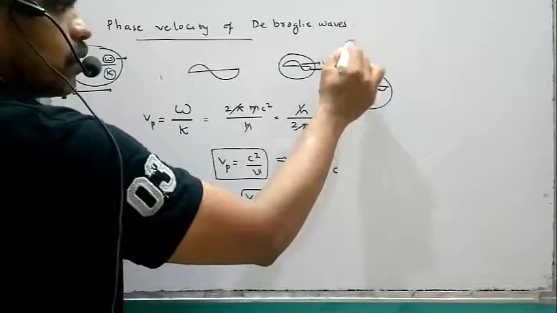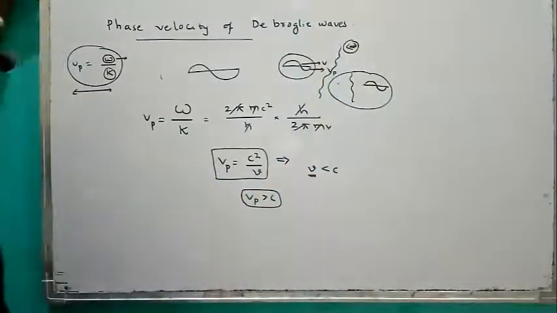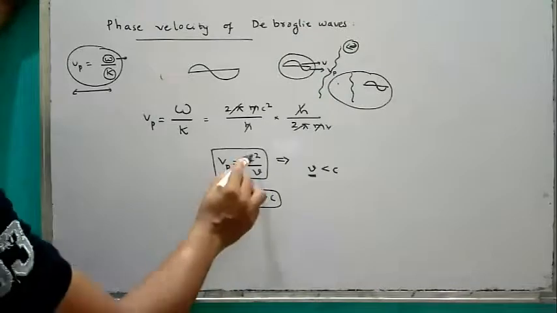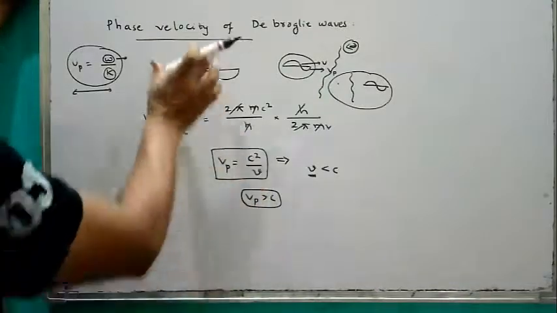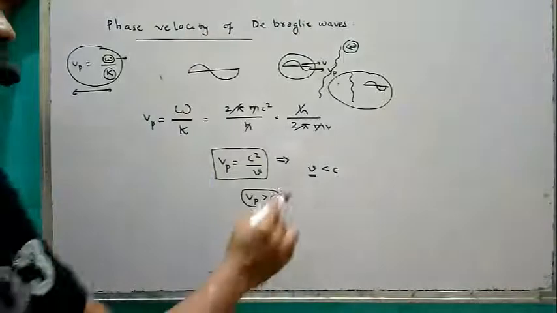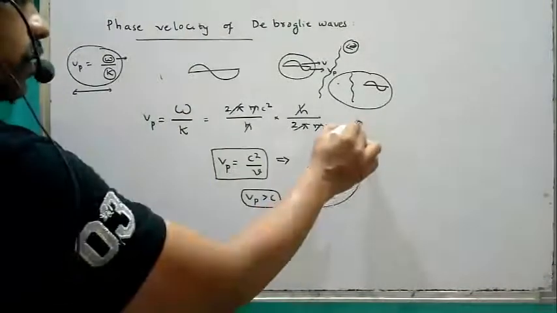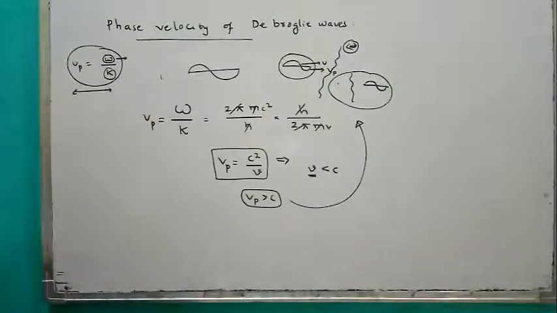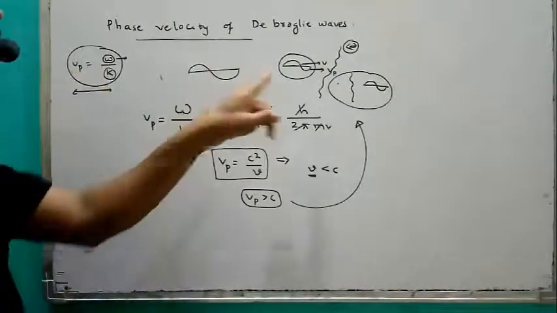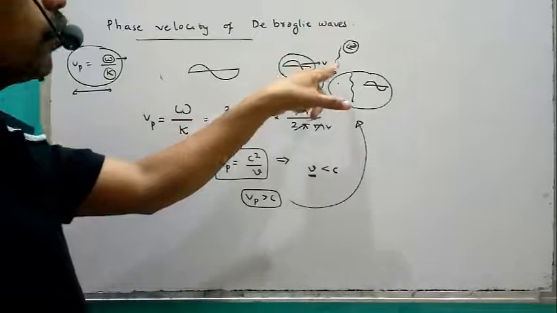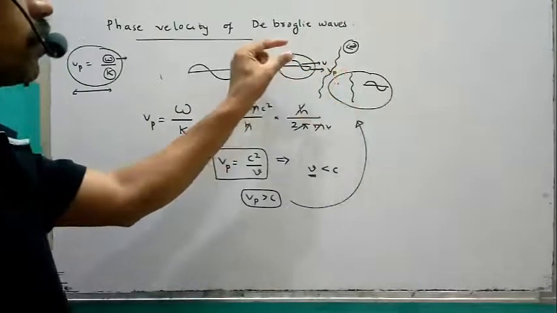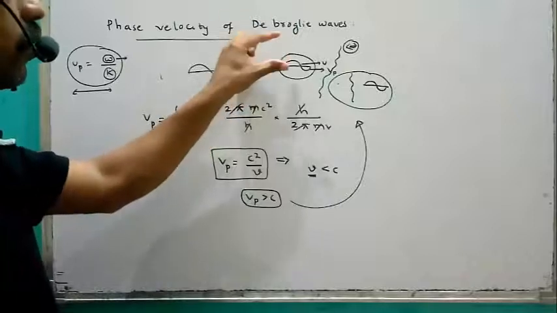Some of the difficult concepts come here. So the phase velocity is equal to c square by v. This is the phase velocity of de Broglie waves. So the physical significance I explained here: the particle is moving, the wave also is moving, and at the same time the wave exists with the particle.